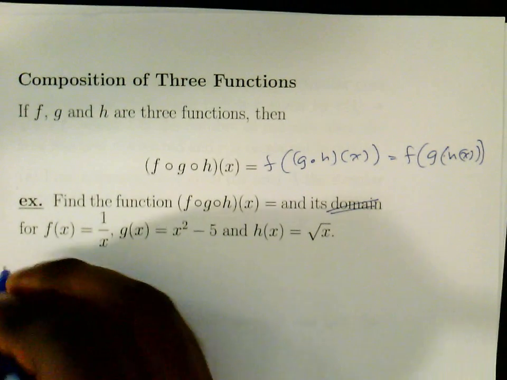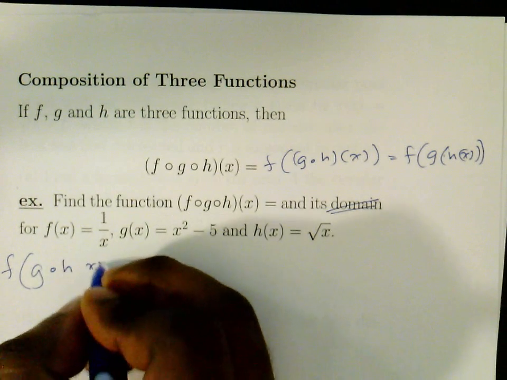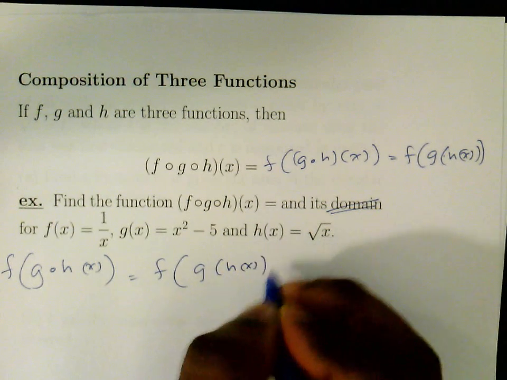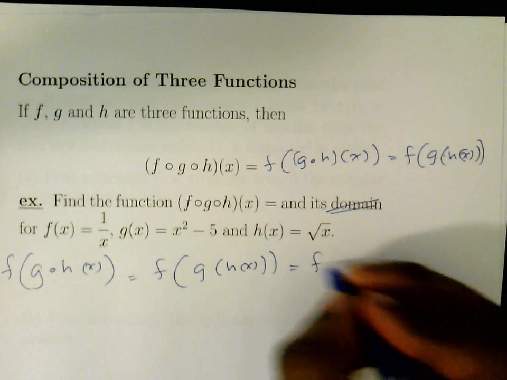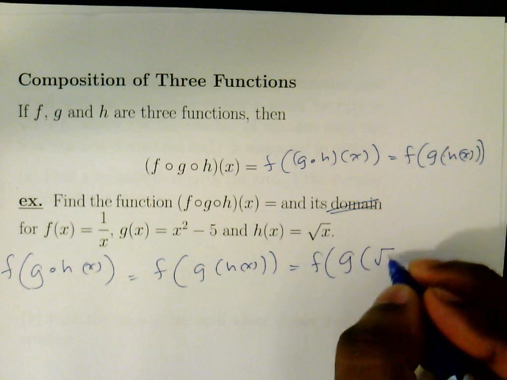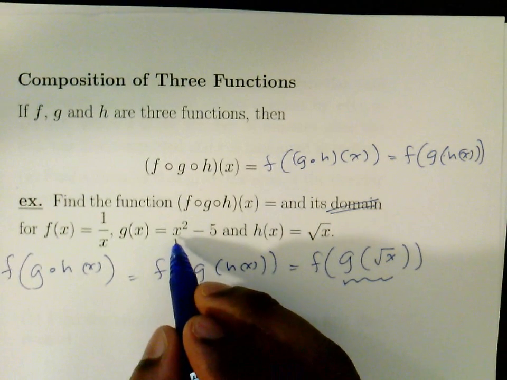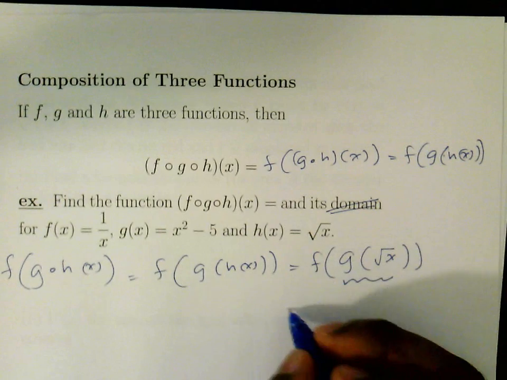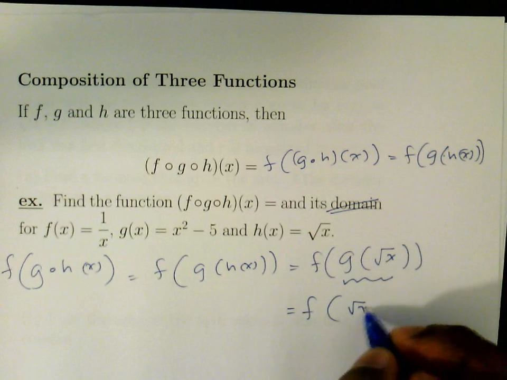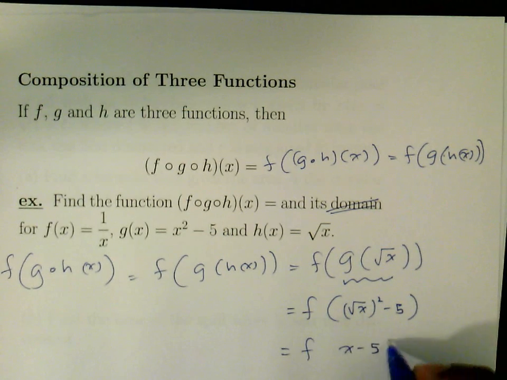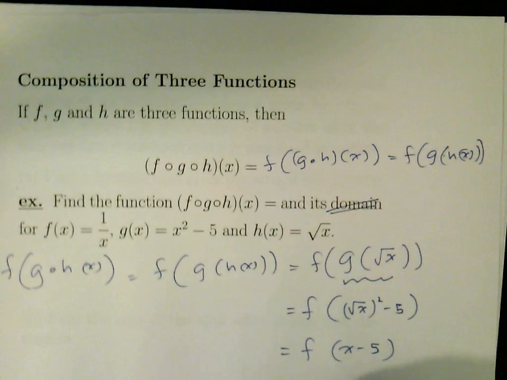First let's find f of g of h of x. Now h of x is square root of x, so that would be f of g of square root of x. Now g of x is x squared minus 5, so plug in square root of x in there, so f of square root of x squared minus 5, and that would be f of x minus 5. And f of x is 1 over x, so f of x minus 5 is 1 over x minus 5.